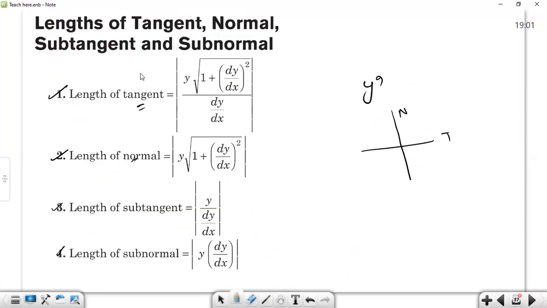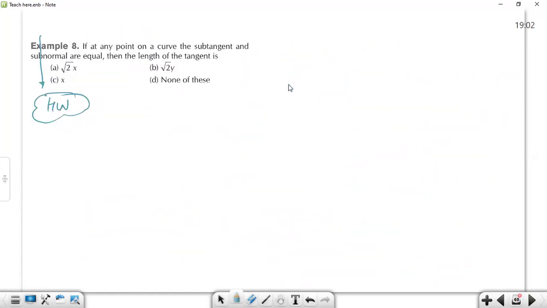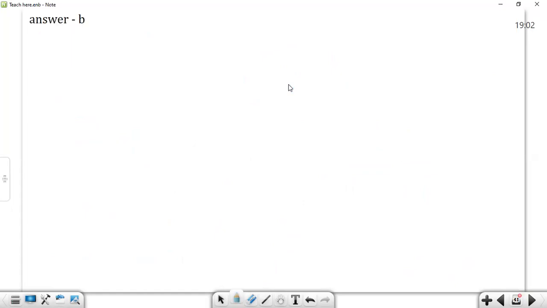It's a very basic question. Length of subtangent and length of subnormal are given equal. You have to simply find dy by dx and y, and then substitute it in the length of tangent. I think you can do it by yourself, right? Or should I do it? Oh, this is homework.